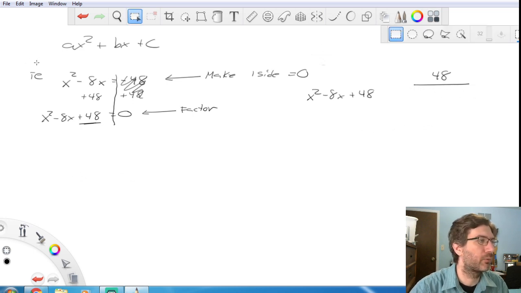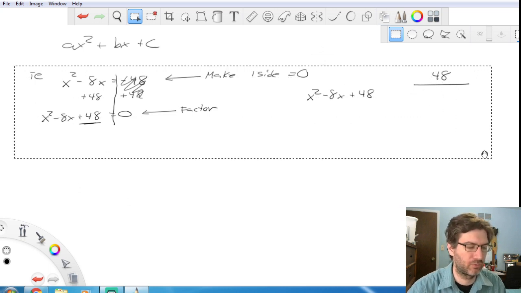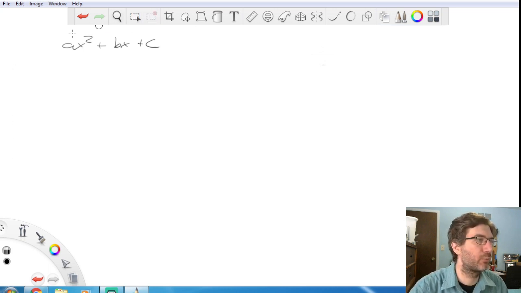So that one wasn't factorable, but let's just change it so it is, because you guys are coming up with that. So let's just start over. That's good practice, because again, some of these just aren't factorable and you won't be able to do it. So x squared minus 8x equals, what if I said that was positive 48? Then your 4 and 12 will work. So in this case, you want to get it to equal 0.